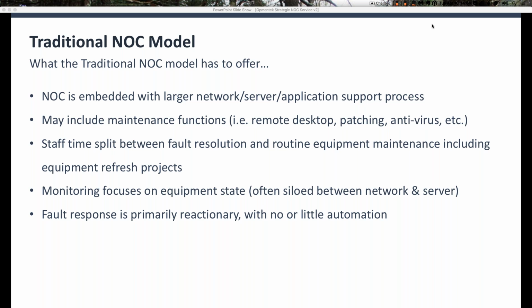So it's functioning as part of remote desktop, patching, antivirus, system monitoring, system maintenance. You're configuring equipment, you're pushing it out to remote locations, you're making sure it's getting installed. You may be installing equipment yourself or swapping equipment out throughout its life cycle.